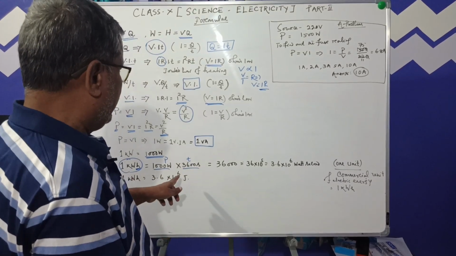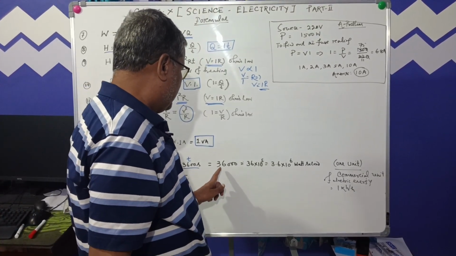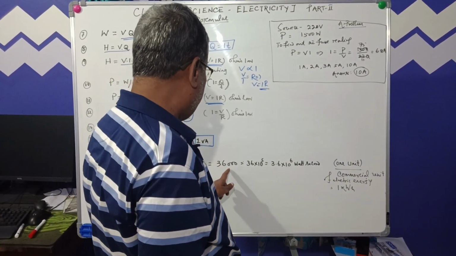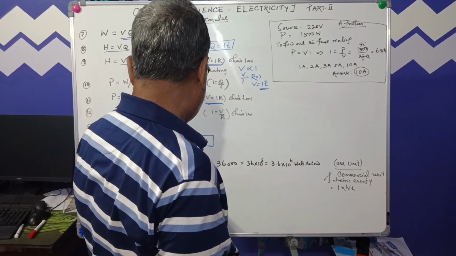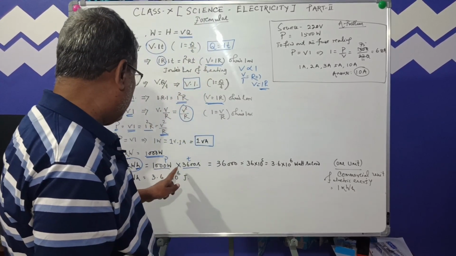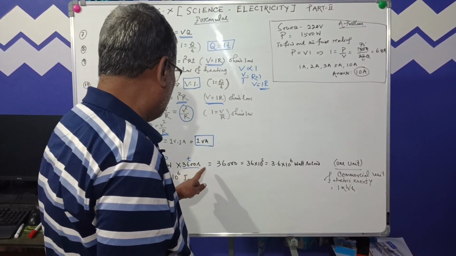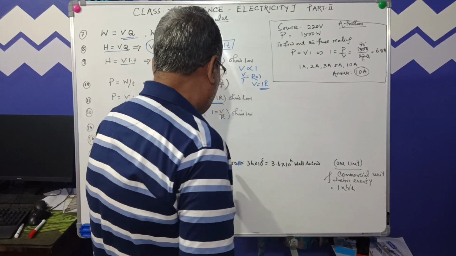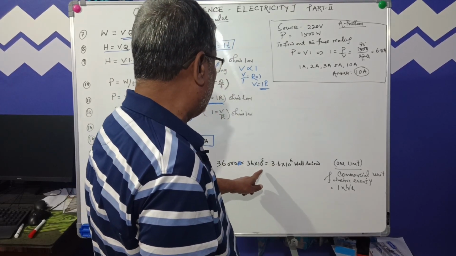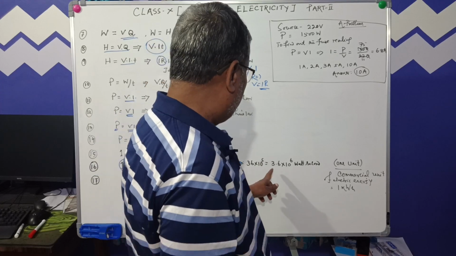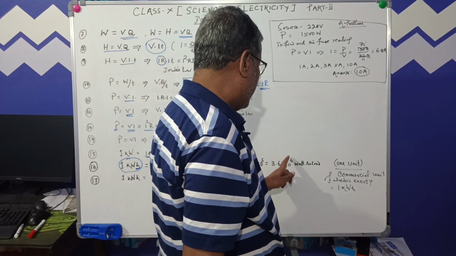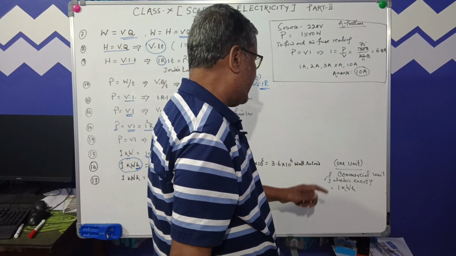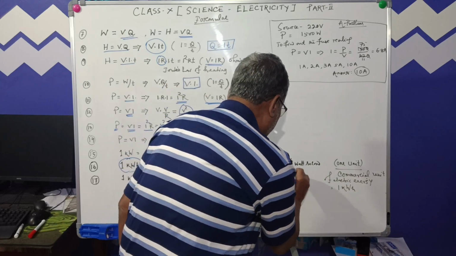So that comes to 3600, 3000, 3 zeros, 2 zeros, here will be 5 zeros. So that will be 36 into 10 to the power 5, or 3.6 into 10 power 6 watt second. Okay, this is important.